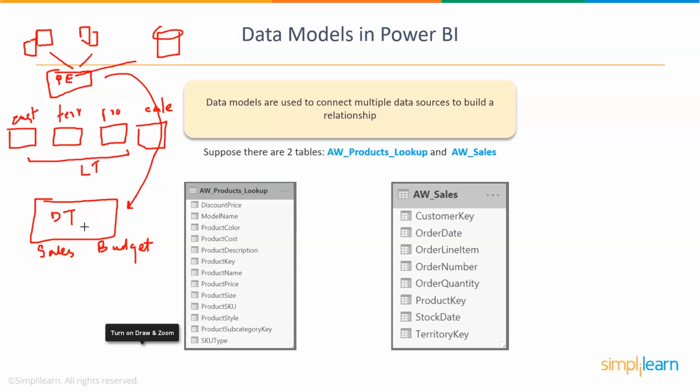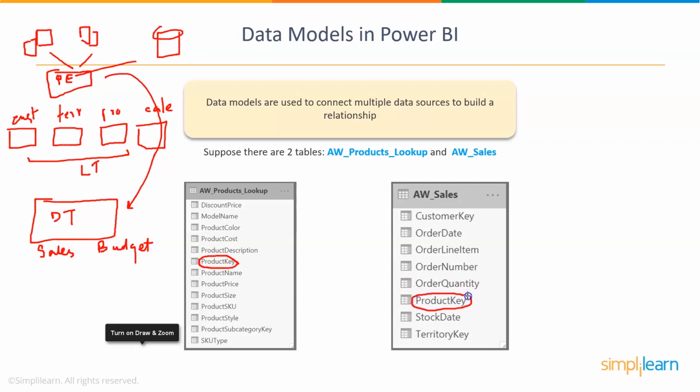So what we need is, sometimes we need information based on our lookup tables and data tables. Now that's where data modeling comes into the picture. So if I want to extract information from here, I can notice that there is a product key here, and there is a product key here.